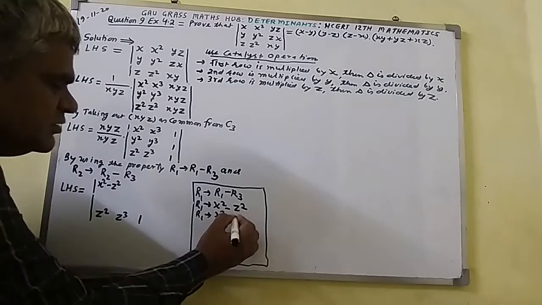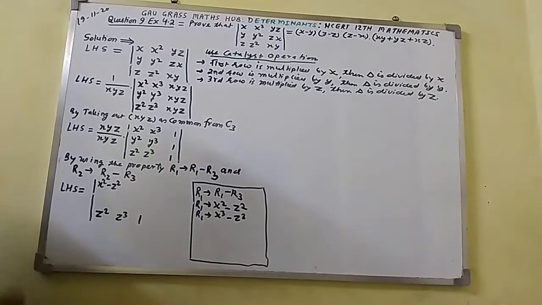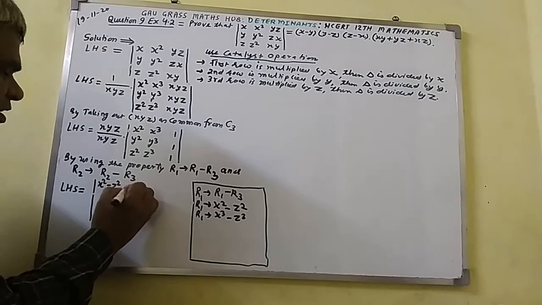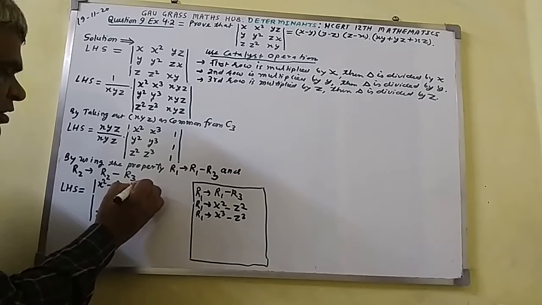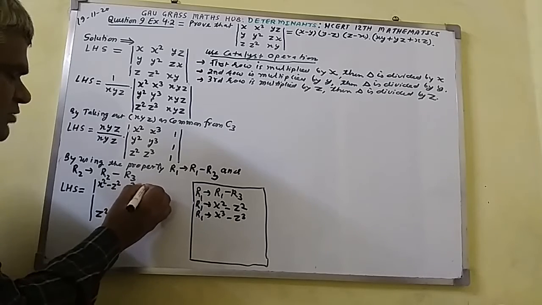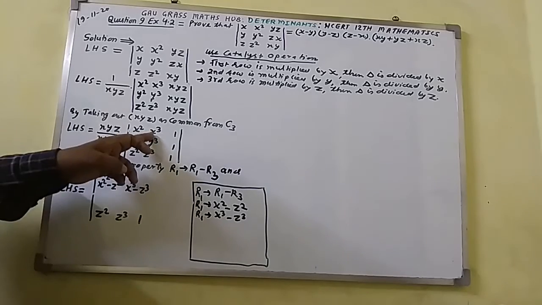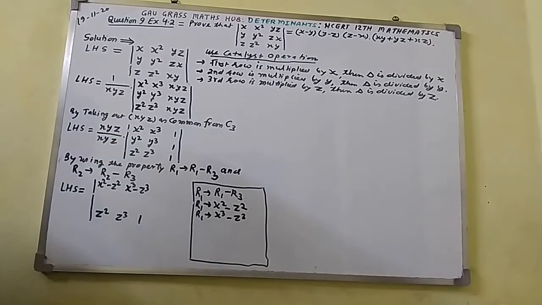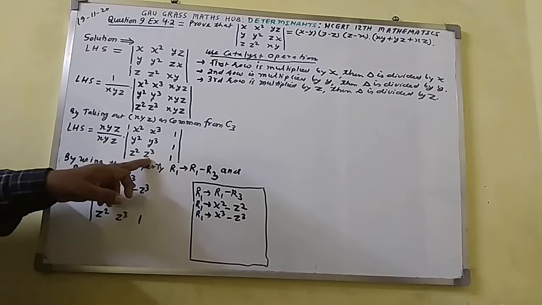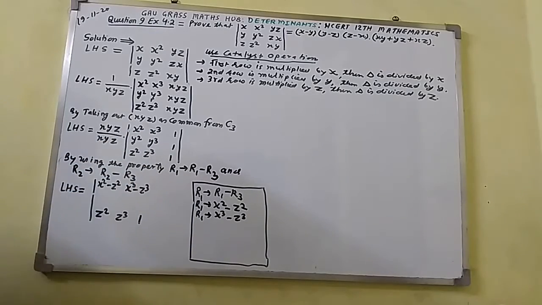So here I write z cube. So this element here will become x cube minus z cube. R1 minus R3, x cube minus z cube, it will become.